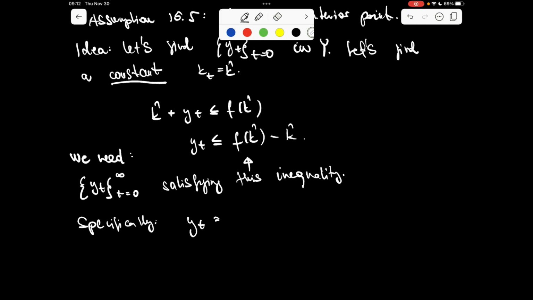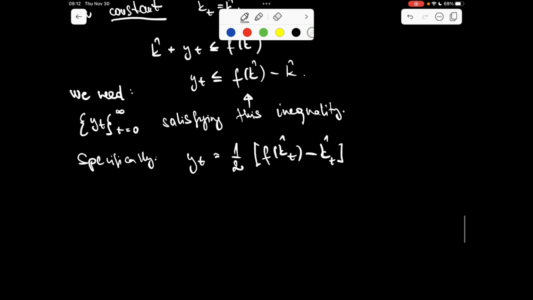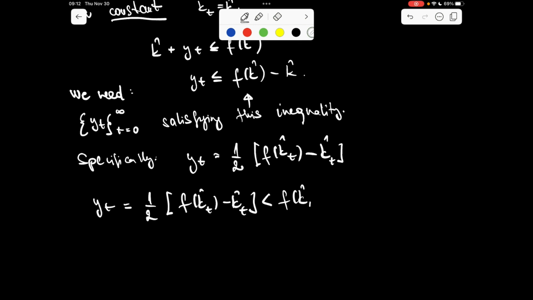what about this path? This sequence is in the production set because it's lower than the upper bound.